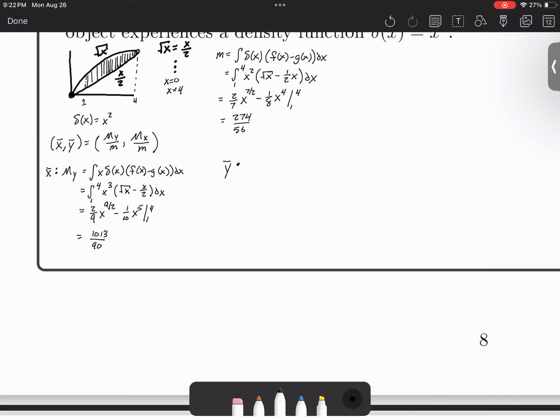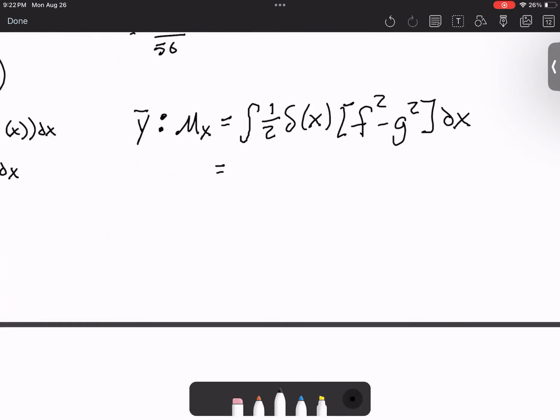Now the y coordinate requires the moment in the x direction, which we obtain by integrating 1/2 times the density function times the difference of squares. We will integrate from 1 to 4. I have a 1/2 x squared. Square root of x, my top curve, squared is x.